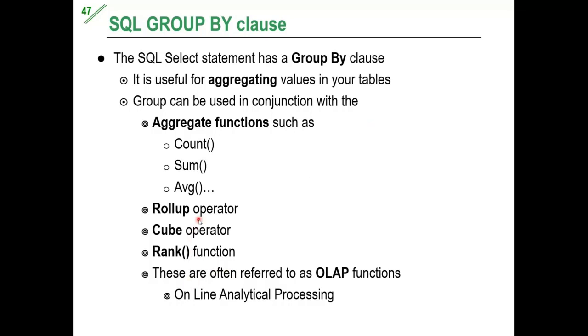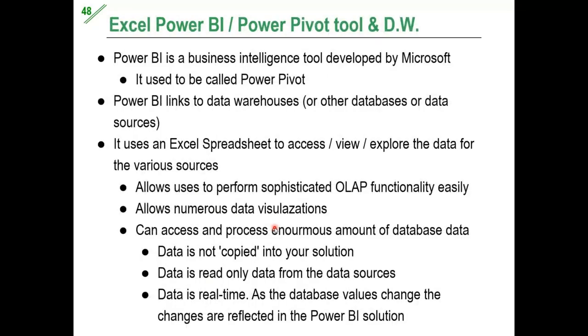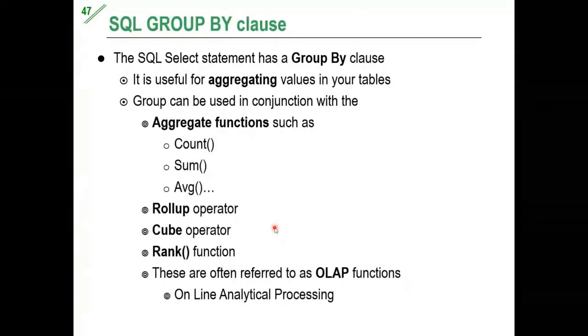On top of that, there are many other functions like roll up, cube, rank, etc. They are called online analytical processing functions, not online transaction processing functions. So that is about the data warehouse.